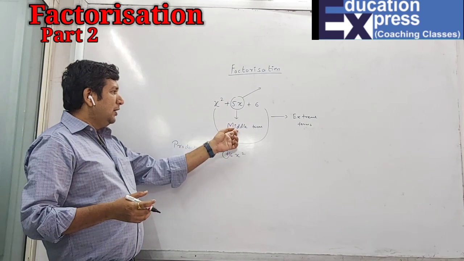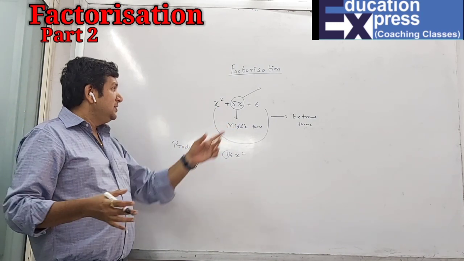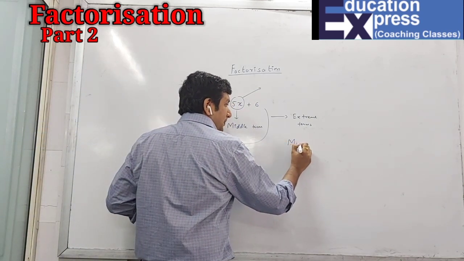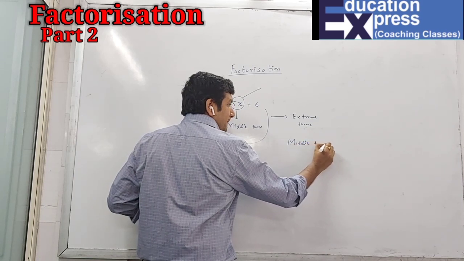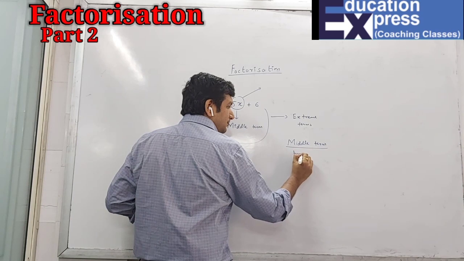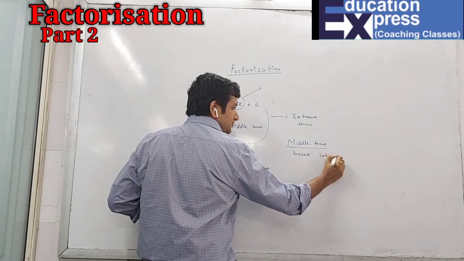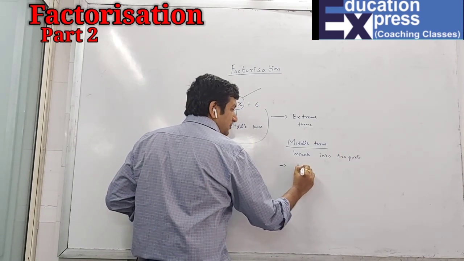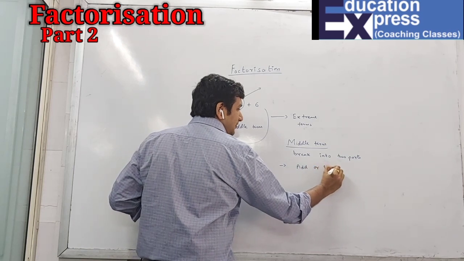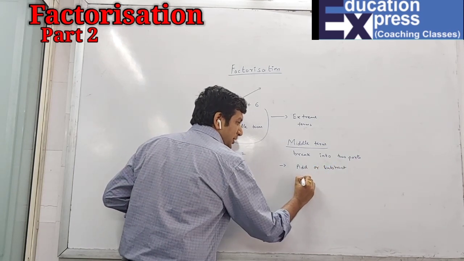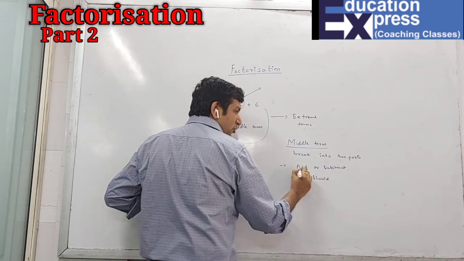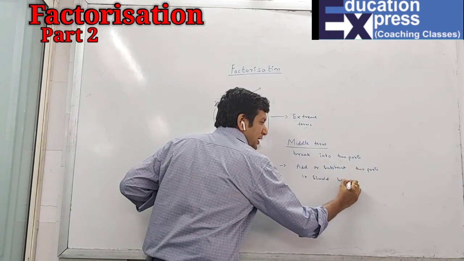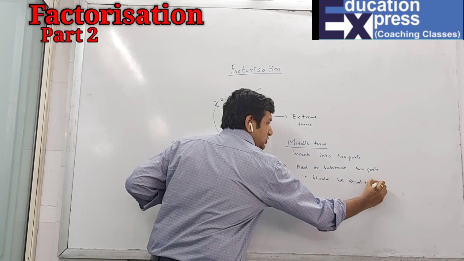When I am talking about splitting the middle term, that means this middle term we have to break into two parts in such a way that when you add or subtract the two parts, it should be equal to the middle term.